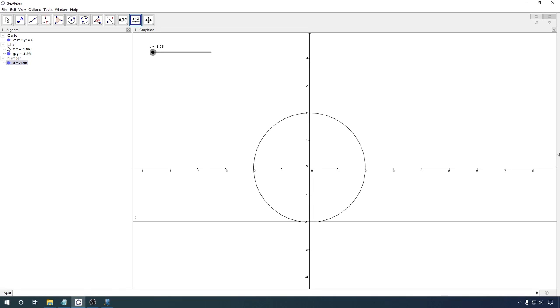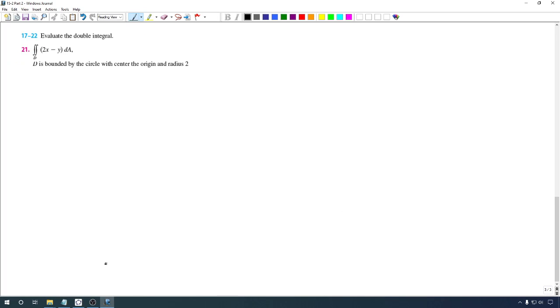Unfortunately here, what those actual functions are is kind of annoying. So we have to take our x squared plus y squared equals 4 and solve that for y. We have y squared equals 4 minus x squared. And then we take the square root, and we have plus or minus the square root of 4 minus x squared.